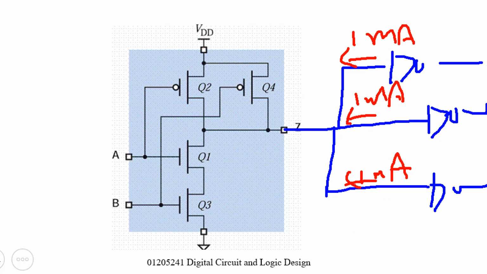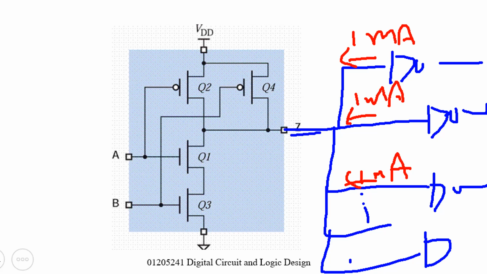If there are, for example, 10 inputs using the signal from this logic gate, that means the total current here is 10 milliamp. That means that current flows through this transistor.